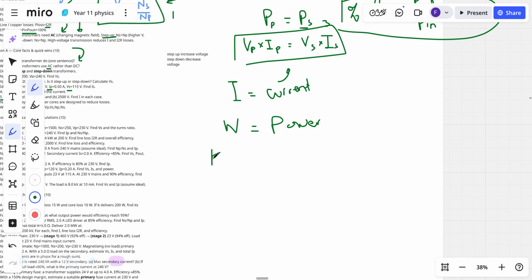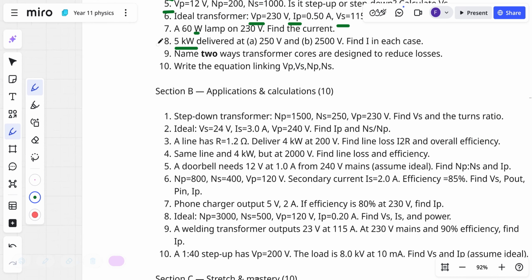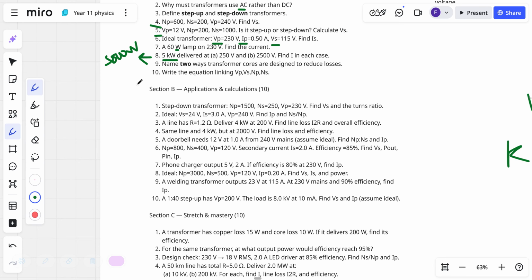You must change kilowatts to watts, and you do that by multiplying by 1,000. So this one is actually 5,000 watts. Ignore 9. I don't need to do 9.